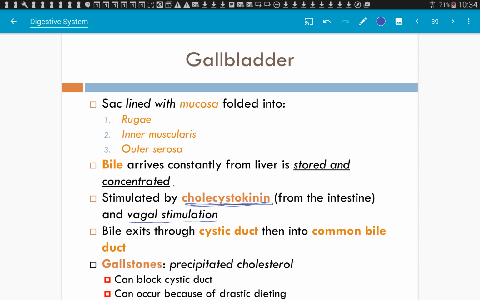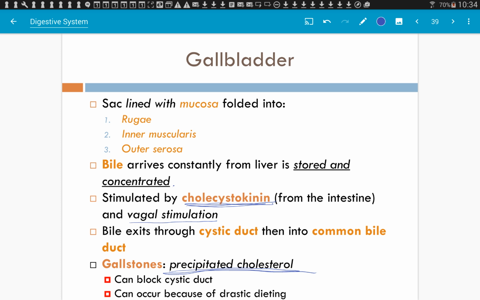Usually the major cause of gallstones is precipitated cholesterol, so too much cholesterol building up in the gallbladder. It can block the duct where bile is supposed to exit into your small intestine. It blocks the duct, you have a buildup, and the gallbladder gets inflamed. Not good.